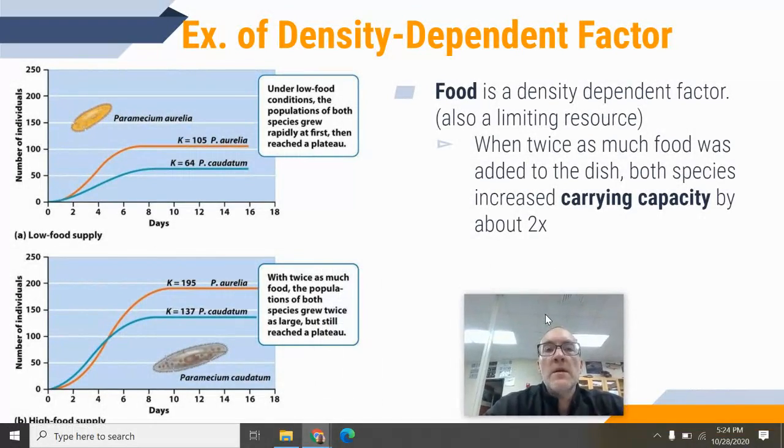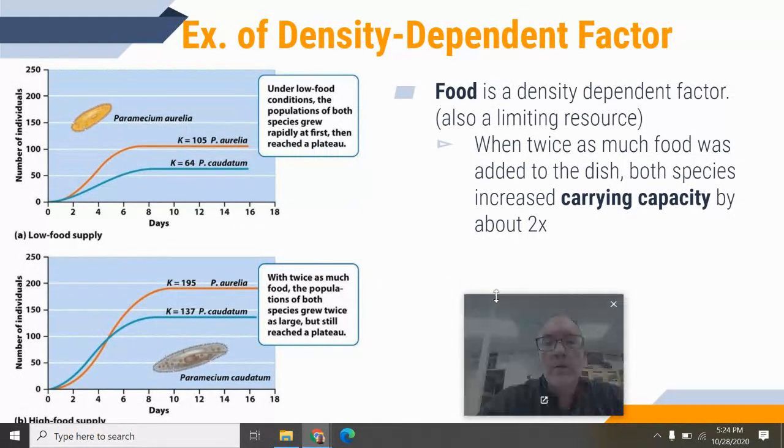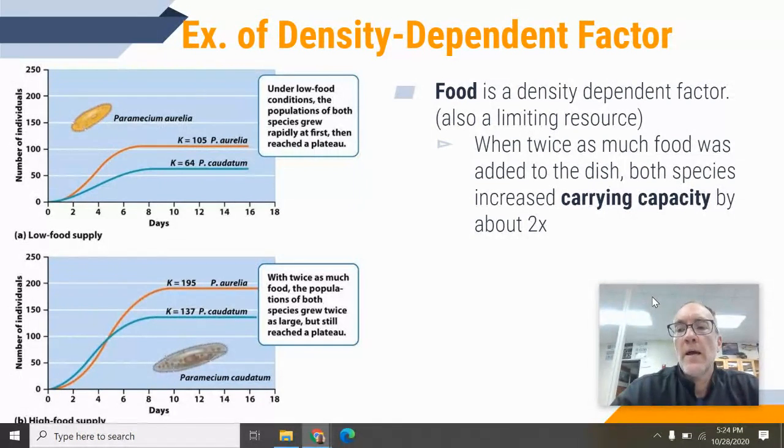Okay, here's an example of density-dependent factors. This is a lab experiment with paramecium. Paramecium are small little protists. Protists are a cool group of organisms that are kind of animal-like and plant-like. And you can see under low food conditions, the populations of two different species grew rapidly at first and then reached their carrying capacity.